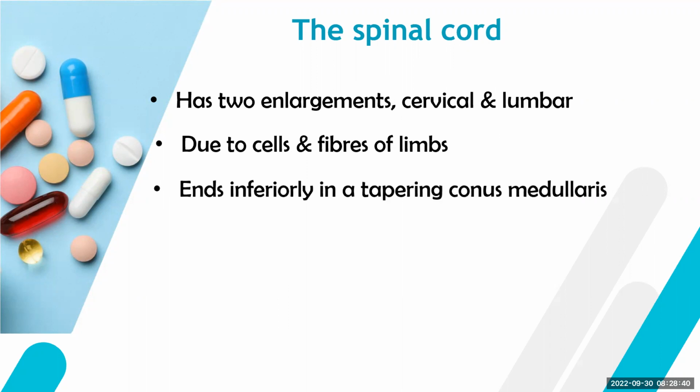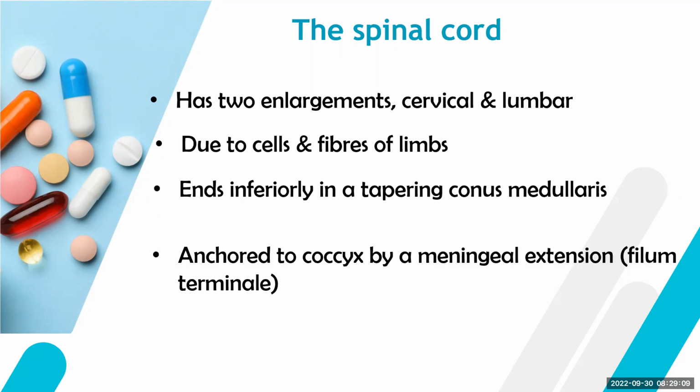So the spinal cord itself ends inferiorly in an enlargement, because from that enlargement we have many nerves emerging, all the sacral nerves and the coccygeal nerve. And this enlarged pointed part is called the conus medullaris of the spinal cord.